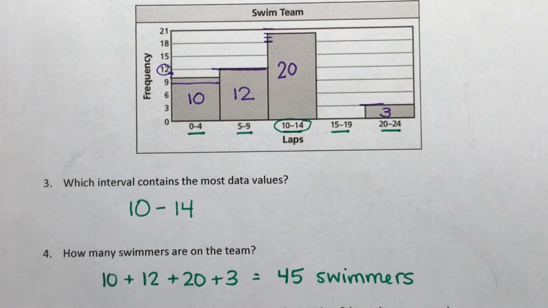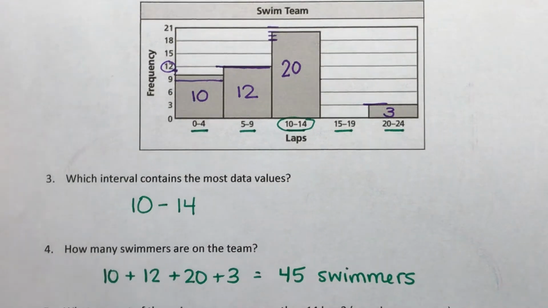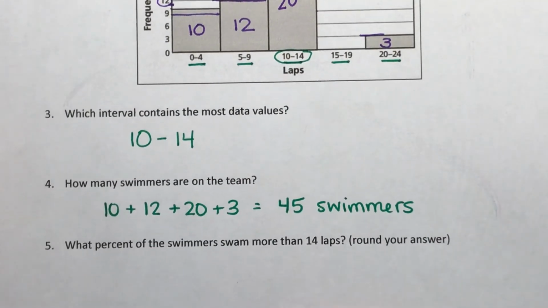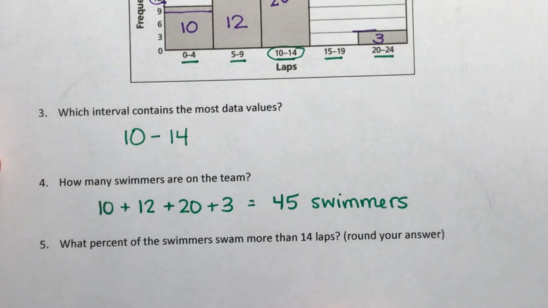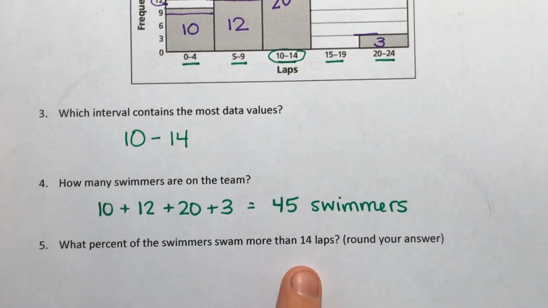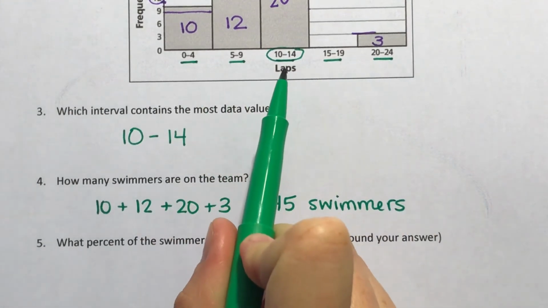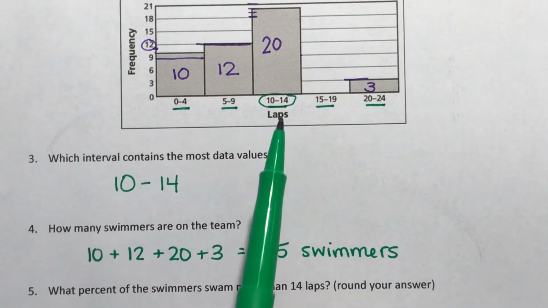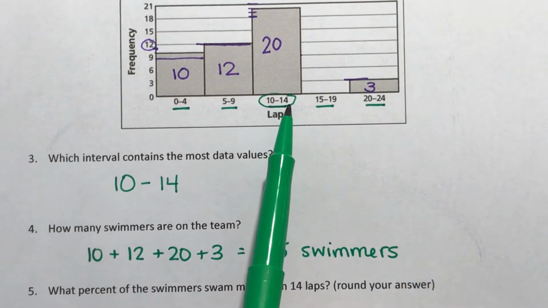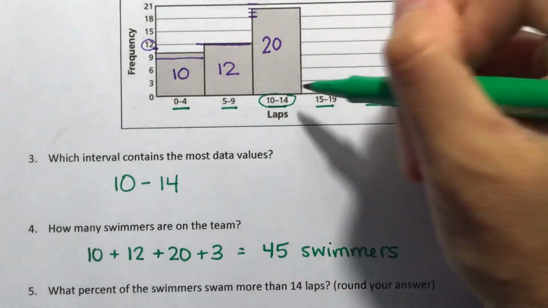All right, and then I'm going to use this piece of information for that last part. That last question says, what percent of swimmers swam more than 14 laps? So first thing I need to do is figure out how many of the swimmers swam more than 14. Up until this point on my histogram, they swam 14 laps at the most.